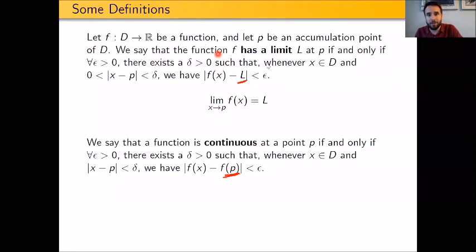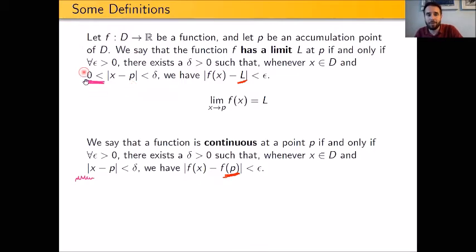Big difference number two is that up here we have this 0 less than |x - p| less than delta, while down here we are missing that extra piece, right? So the major difference there is that in this top statement, when we're just talking about limits, we do not want to allow x to actually equal p, right? Because we want the possibility to exist that our function is not even defined at p, or we want our function to be defined radically differently at p.